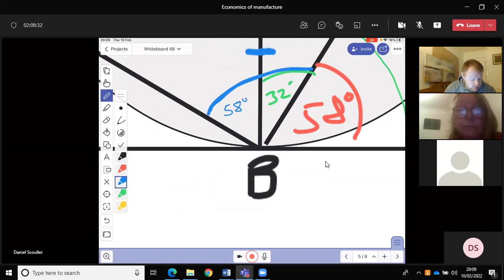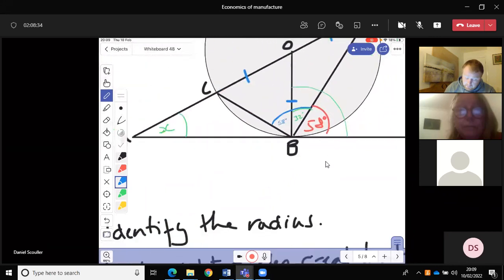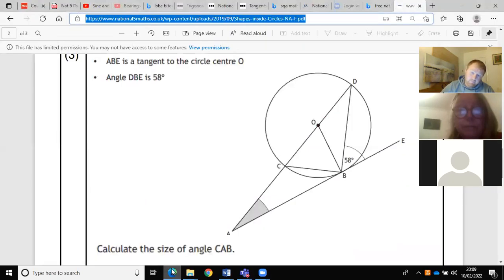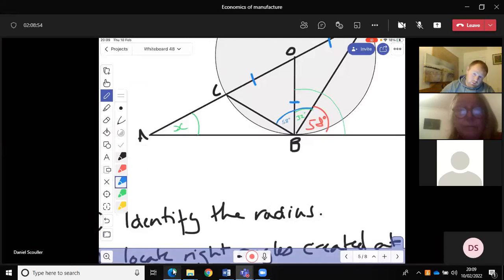Oh, that's interesting. Okay. Now, because this is isosceles, that angle and that angle must be the same.